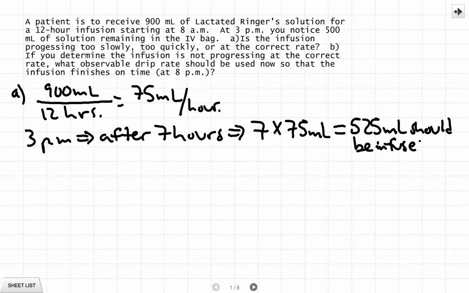That's if this is progressing at the correct rate. So if it should be infused at 75 milliliters per hour, then 525 milliliters should be gone.